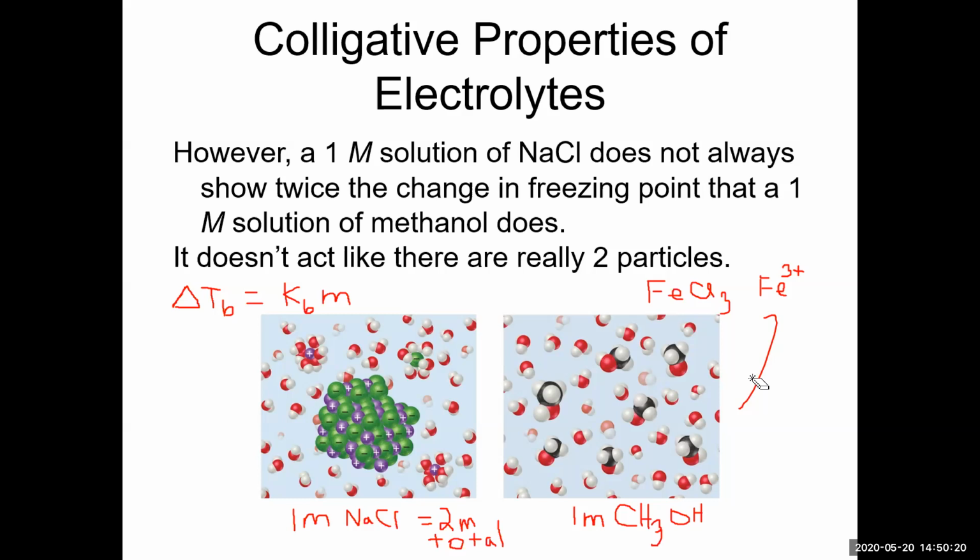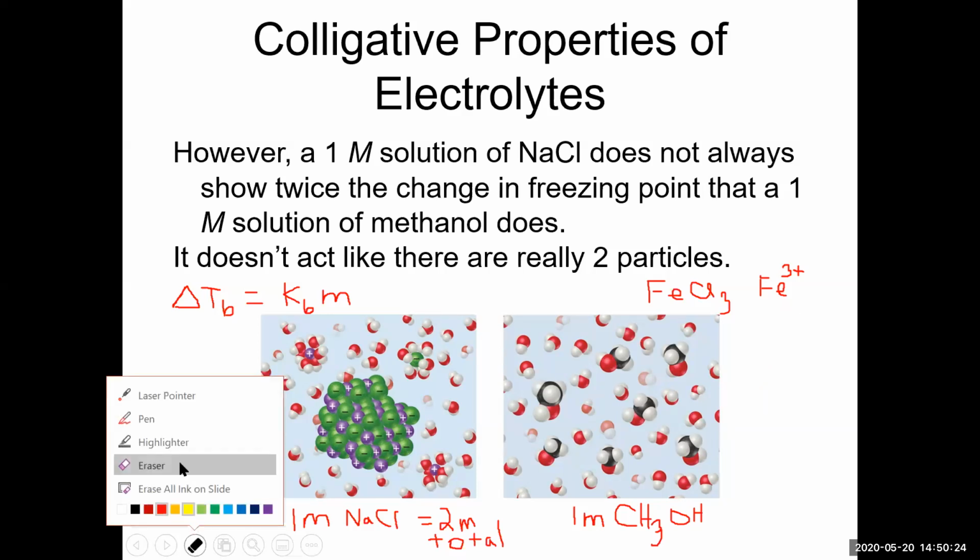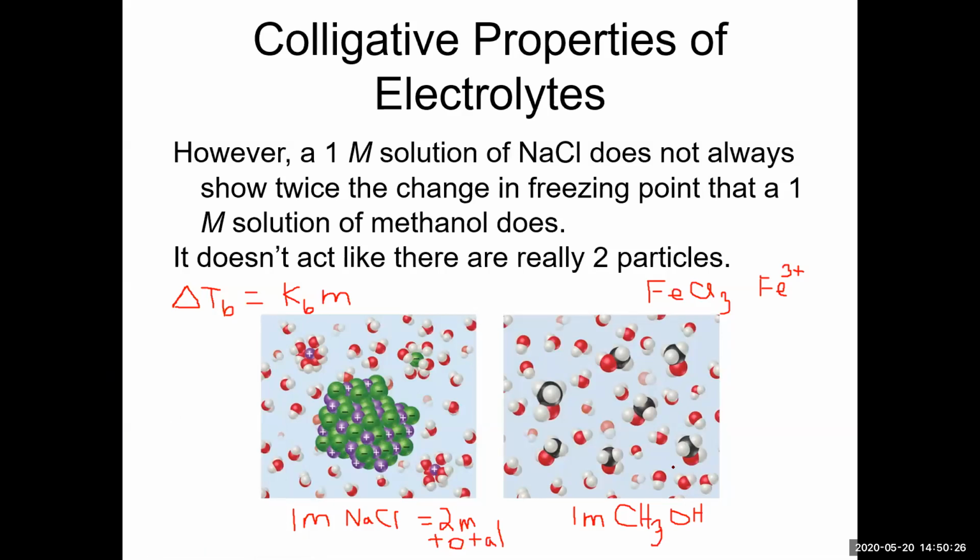Okay, so it gives 1 iron, but it gives 3 chlorides. So we have 4 total: 1 iron, 3 chlorides. So our total is 4.